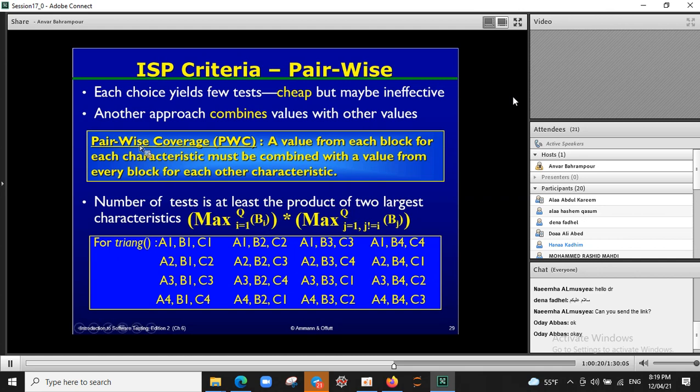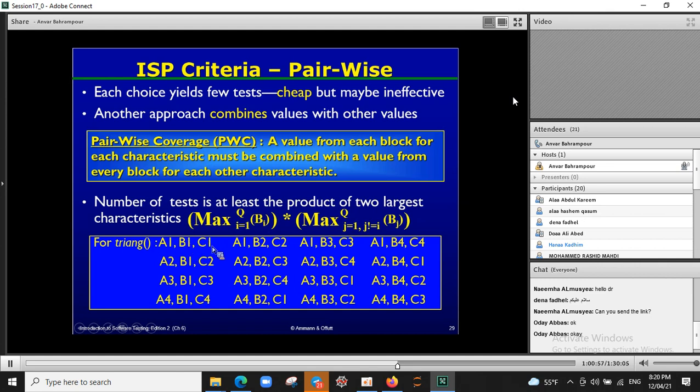In pairwise coverage criteria, we try to test all possible pairs of blocks. But as you know, we have 3 parameters, and each of our test cases has 3 values. Each of our test cases tests a value from each of these 3 blocks.